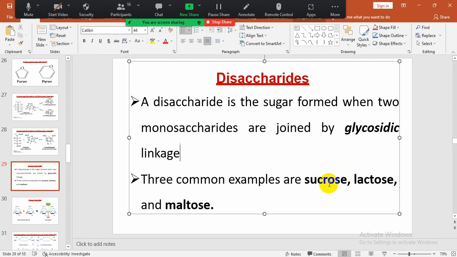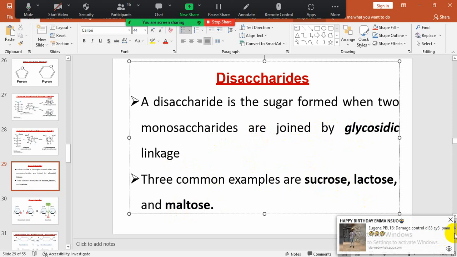I said disaccharides have 2 monosaccharides that are joined together by a bond which is called a glycosidic bond or glycosidic linkage. Linkage is the same as bond. So examples are sucrose, lactose, and maltose.